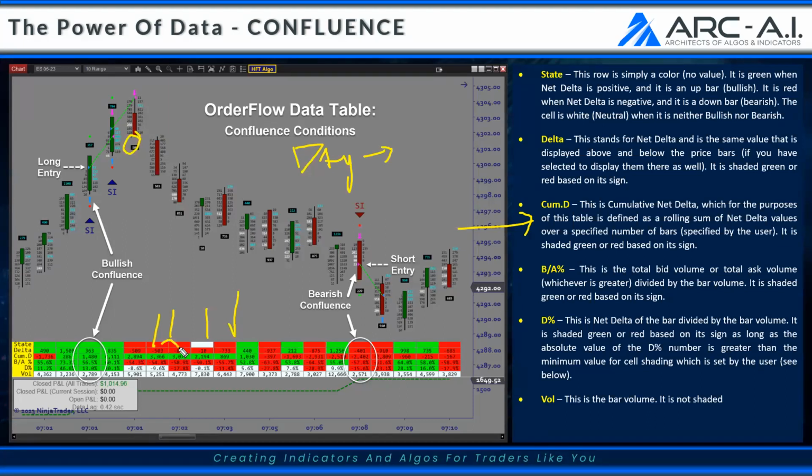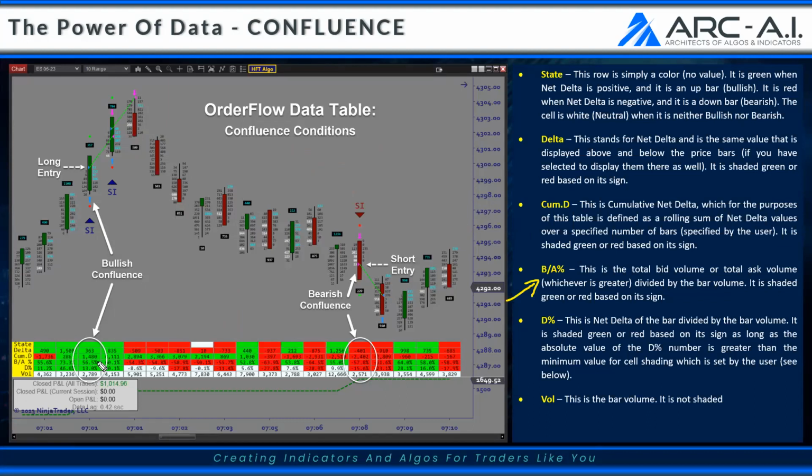So in this case, it would be 503 plus 851 plus 10 as a negative number. Very, very powerful. And as you can see, it's adding more numbers than that, but you can set that to whatever you want it to be, which is huge. Bid ask percentage: total bid percent, bid volume or total ask volume, whichever is greater, divided by the bar volume.